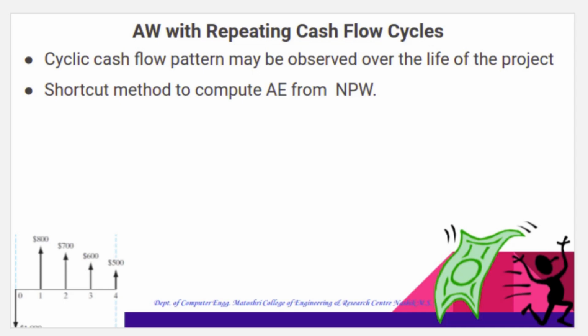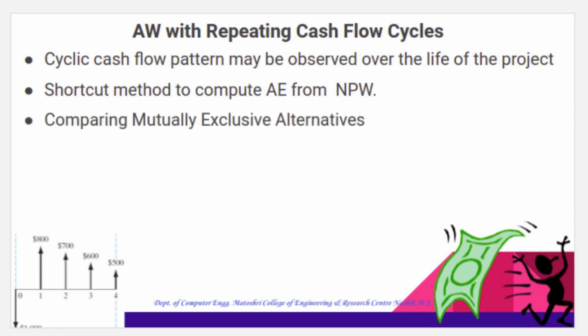Then we can calculate the NPW for the first cash flow cycle and derive the AE over that cycle. This shortcut method gives the same result as when the net present worth of the entire project is calculated, and then the annual equivalent worth is computed from NPW.